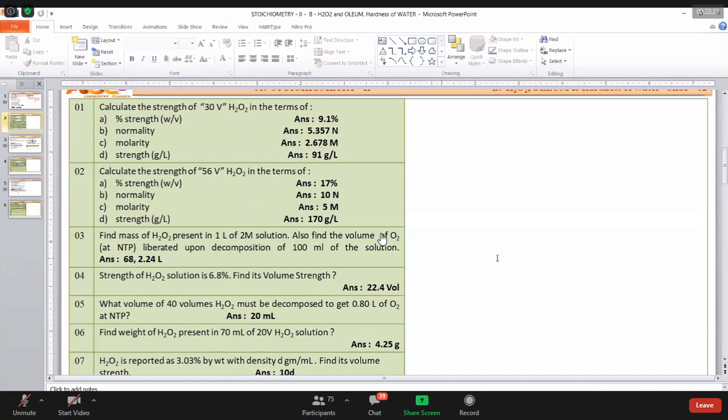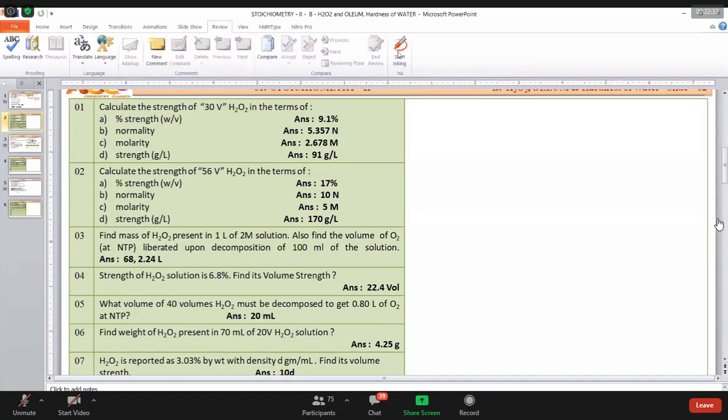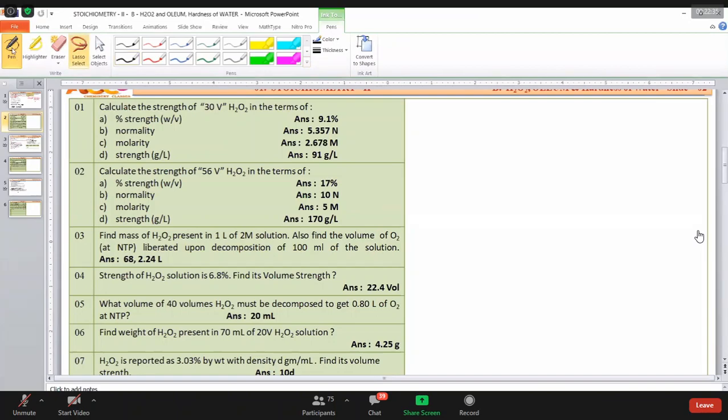Come on, now we can proceed. Question number 1. Calculate the strength of 30 volume H2O2 in terms of all this.